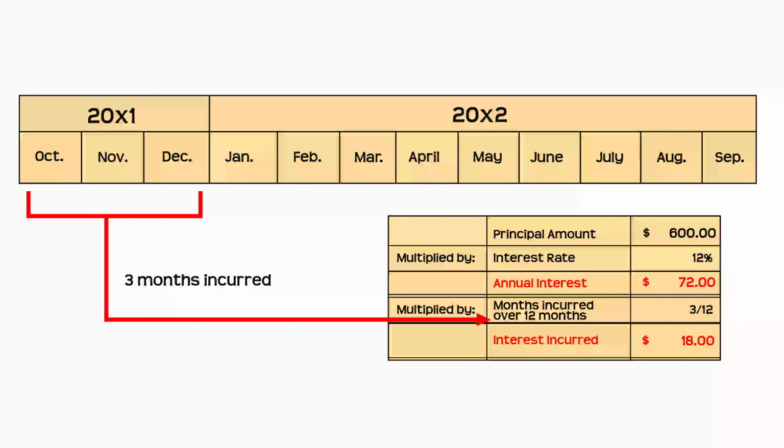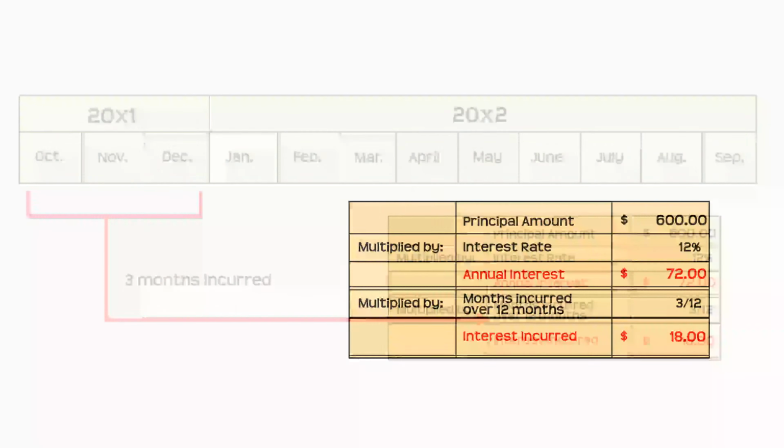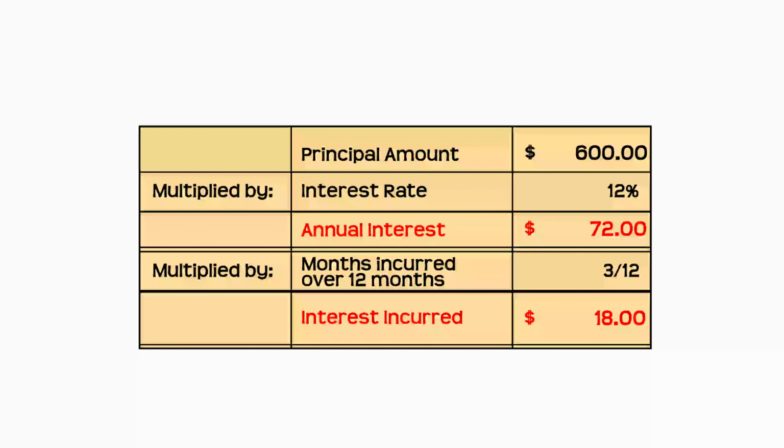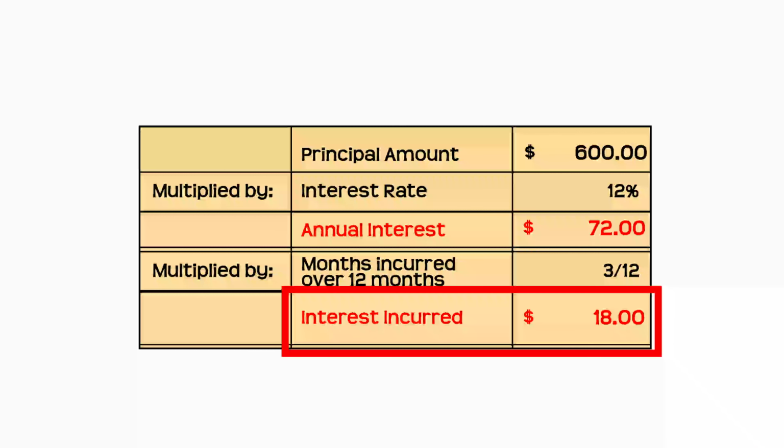Thus, we used 3/12 and multiplied it to the interest rate of 12%. ABC Corp, as of December 31, 20x1, has the obligation to pay the incurred interest worth $18. This amount will also be recorded as the accrued interest expense of ABC Corp.